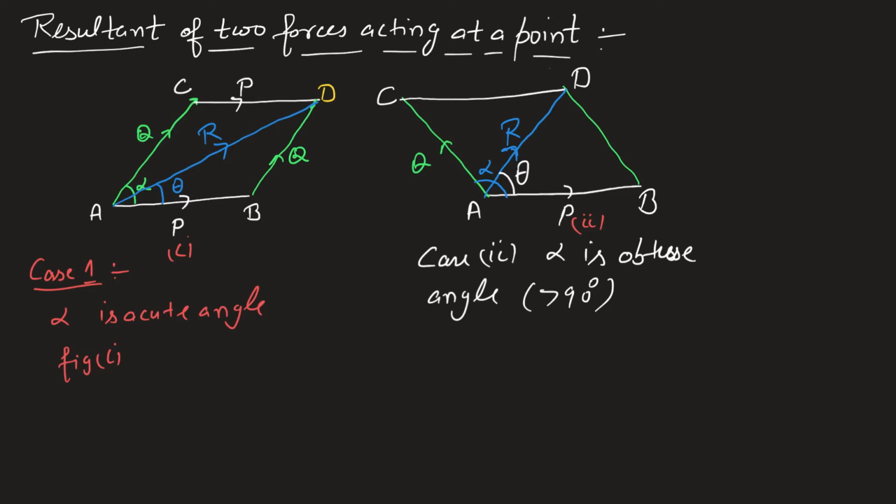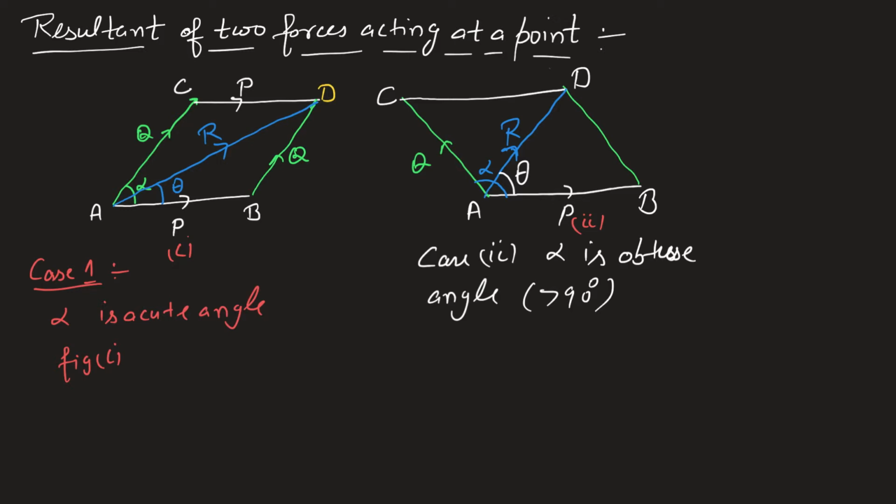So we will be completely determining the vector, that is resultant force R, which is a vector quantity. And to determine a vector quantity completely, you need to determine the magnitude as well as the direction of the resultant. So we will be doing that in the later part of the question.